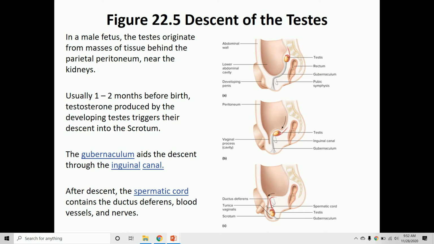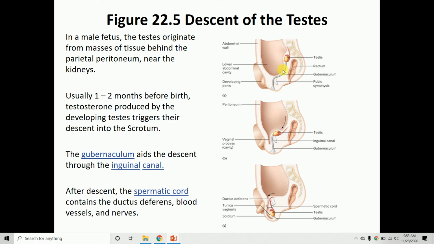A couple of months before birth, this tissue that developed into a testis is going to start producing testosterone, and testosterone will trigger what is known as the descent of the testis. So you'd imagine if that testis was by the kidneys, all the way up in the abdomen, it would have to descend all the way down to the scrotum.